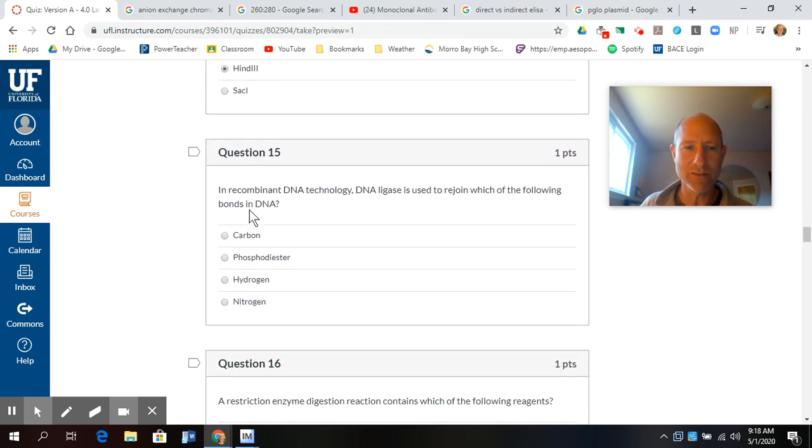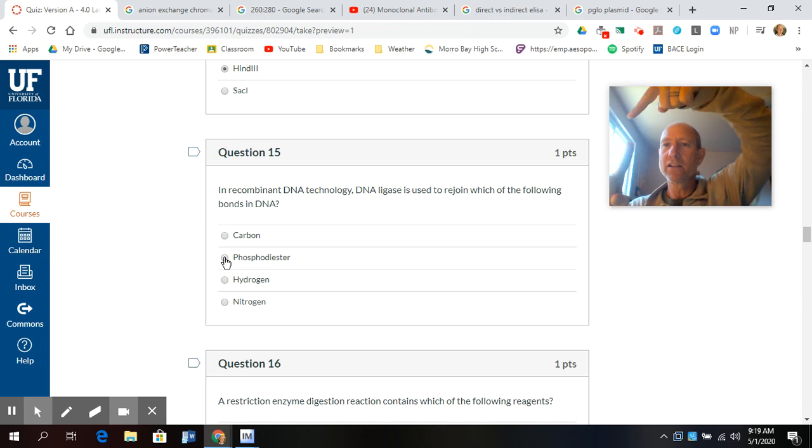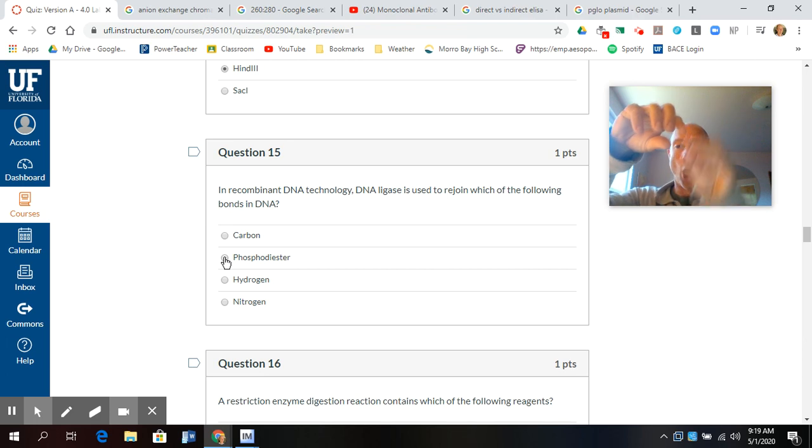Test taking skills. In recombinant DNA technology, DNA ligase, that's the glue, remember, that glues it together, is used to rejoin which of the following bonds in DNA? You can go into your notebook and bust out that fold out model of DNA, and you'll see that the phosphodiester bond is the bond that links one nucleotide to its 3' neighbor, or its 5' neighbor.